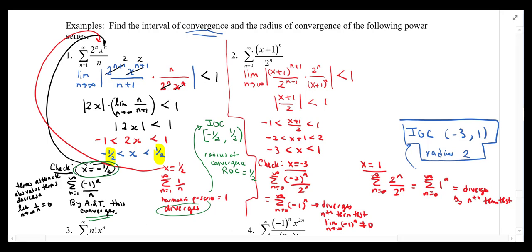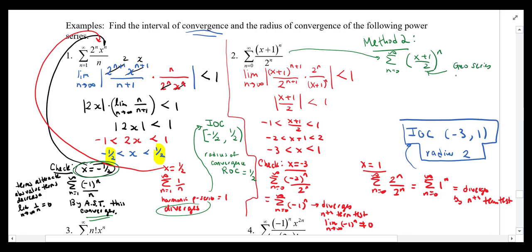Now, I must say this to you. There was an easier way. Yeah, there was. If you could spot that this is really the same thing as (x+1)/2 to the power n, so this must be the common ratio. It's a geometric series with a common ratio of (x+1)/2.